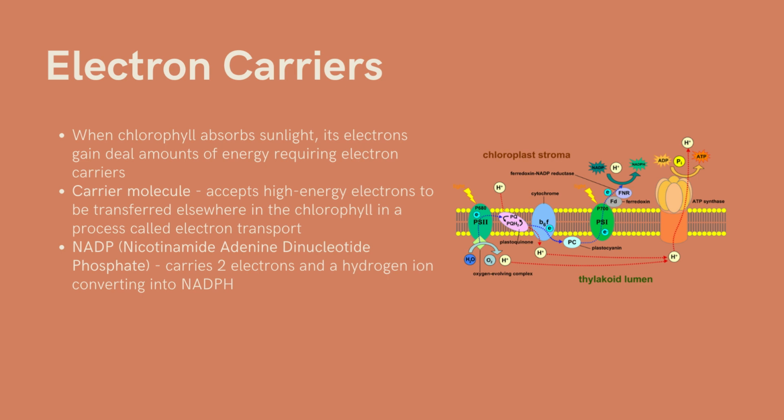It is used to receive or accept highly energized electrons coming from the light absorption of chlorophyll. A carrier molecule accepts high energy electrons to be transferred elsewhere in the chlorophyll in a process called electron transport.